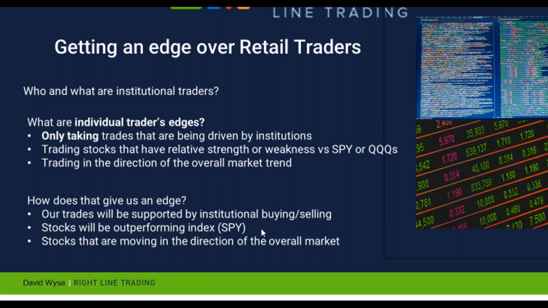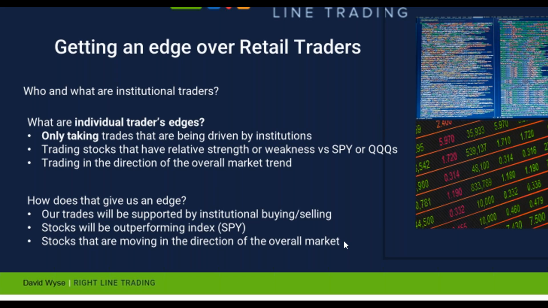Again, the stocks will be outperforming the S&P 500. This means once the market levels off or turns against us, that stock is going to outperform what the SPY does. So if it turns against us, it's not going to go down as fast as the SPY goes down if we're in a long position. And again, we want to take stocks that are moving in the direction of the overall market if we have an overall market trend.